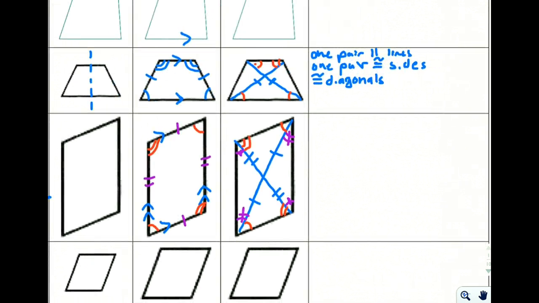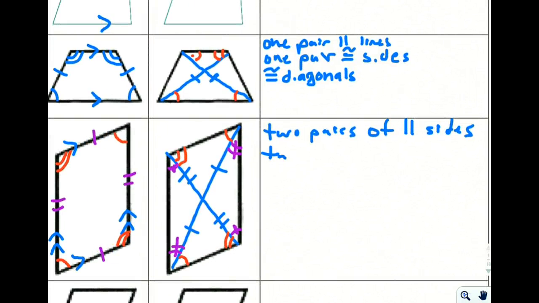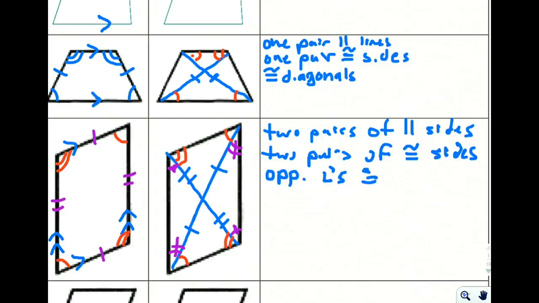So things that we're going to write now, we're going to say two pairs of parallel sides, two pairs of congruent sides, opposite angles are congruent.